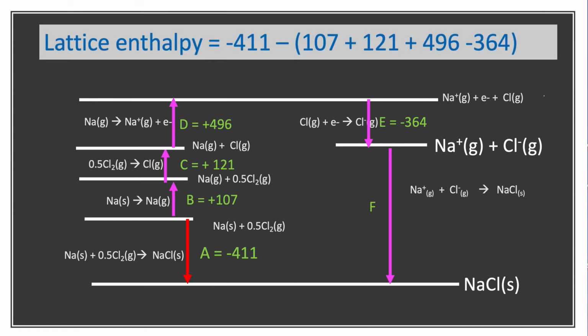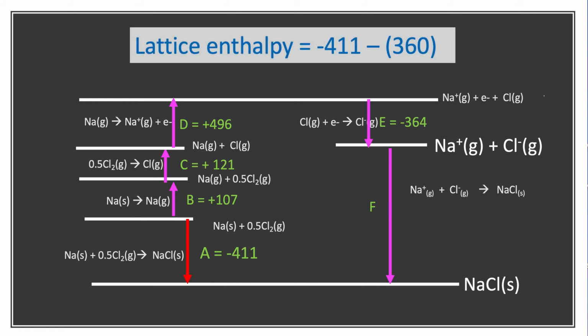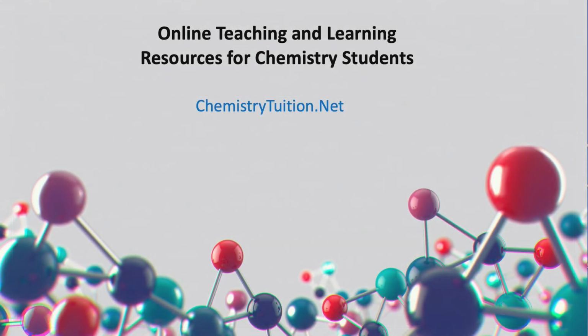So we're going to put those numbers in, and you can see that it's far better to keep all of those numbers in green, so the 107, 121, 496, and minus 364, in a bracket and work that out before trying to put that with a minus 411. That becomes minus 411 minus 360, which gives me a lattice enthalpy of minus 771 kilojoules per mole, which I'm sure you can see is a very large exothermic value.